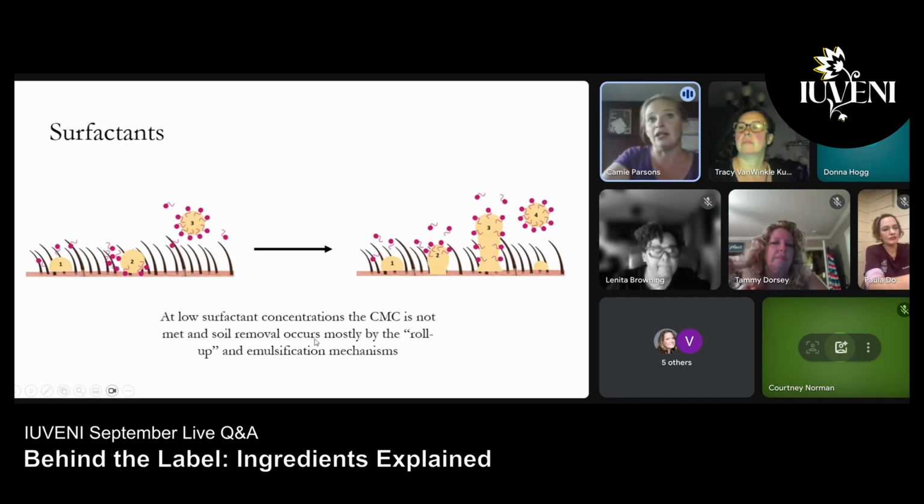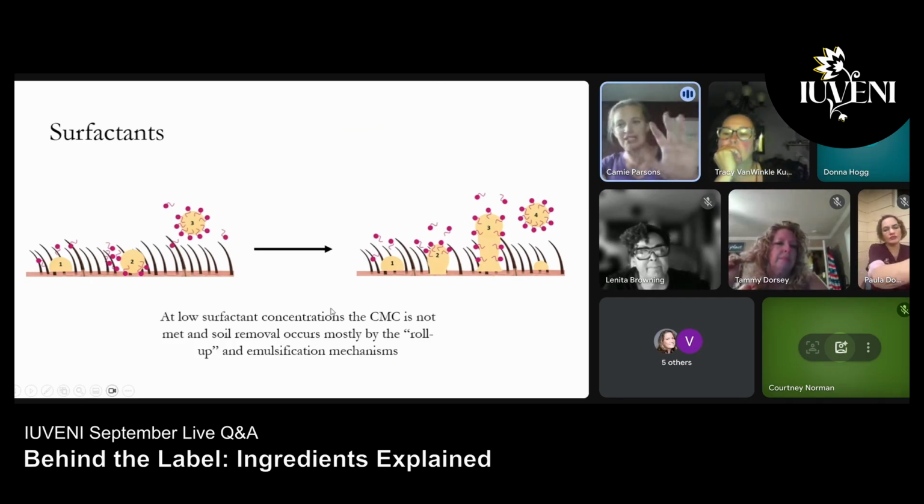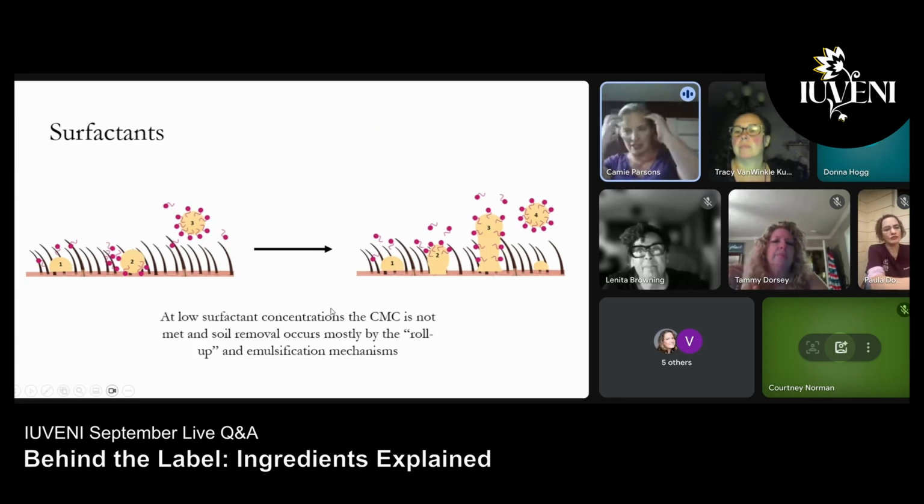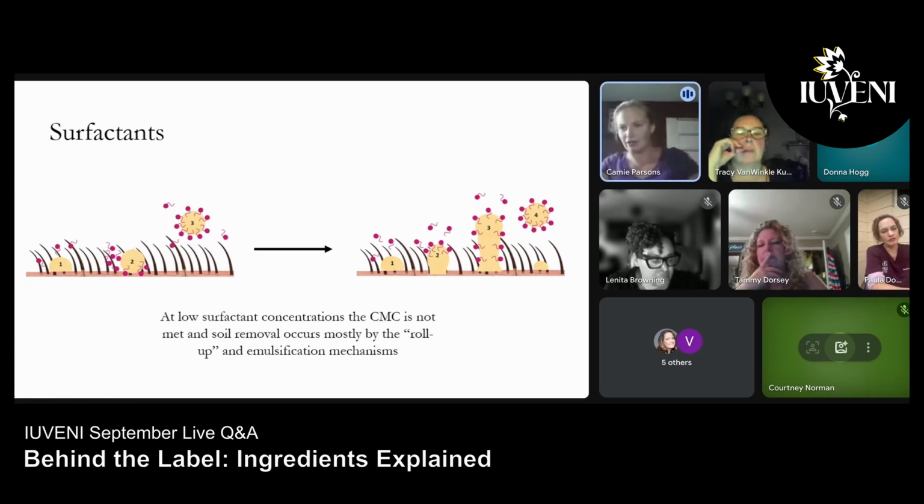At a low surfactant concentration, CMC is not met, so it doesn't get down past the first layer of your hair, the outer layer of your cuticle. But these will form what's called a micelle. And a micelle just means enough of a thing that you can get the middle to act different.